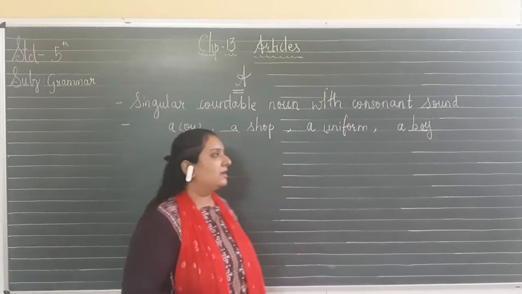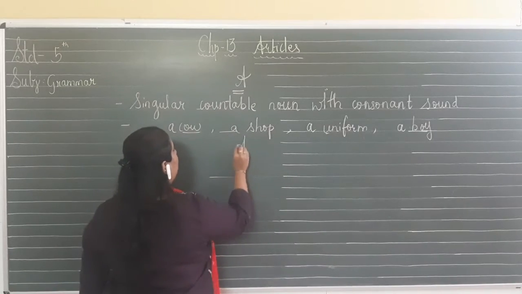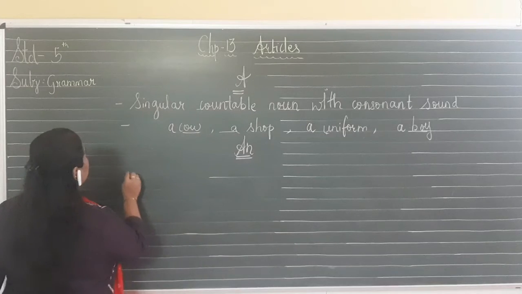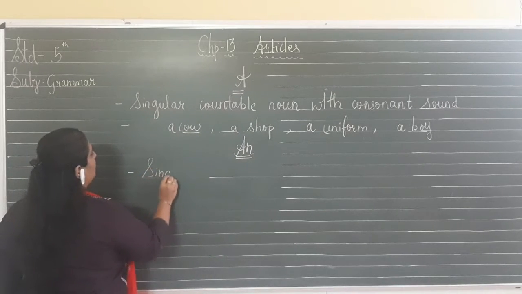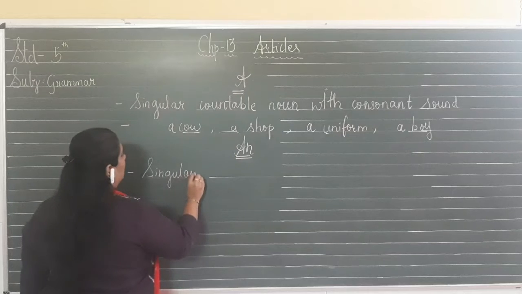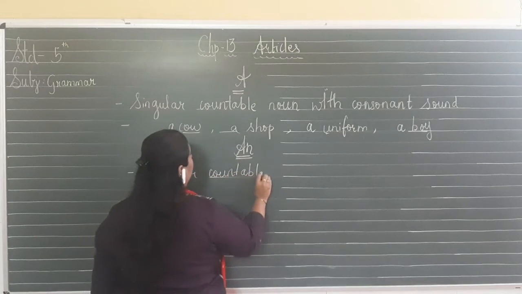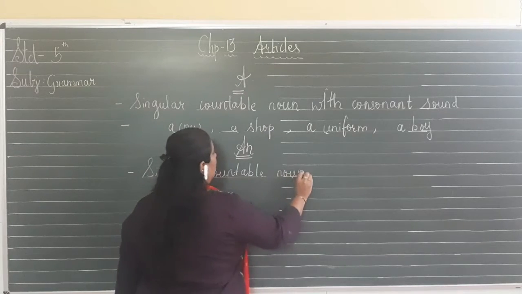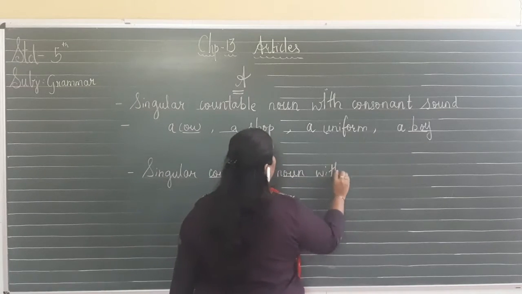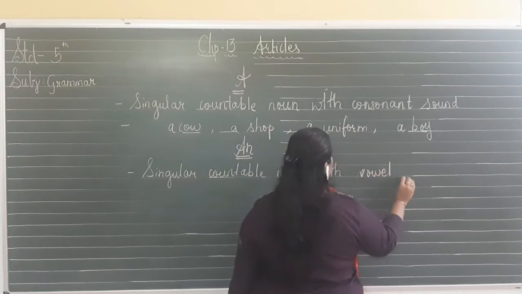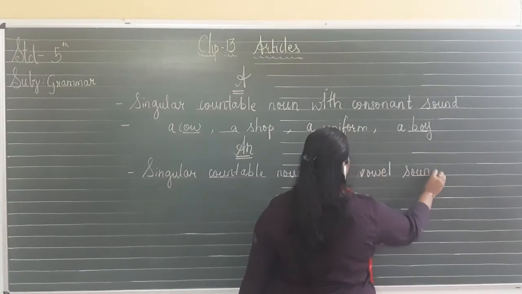After article A, now let us study article an. Where to use article an? Let us have a look. Singular countable noun which begins with a vowel sound.